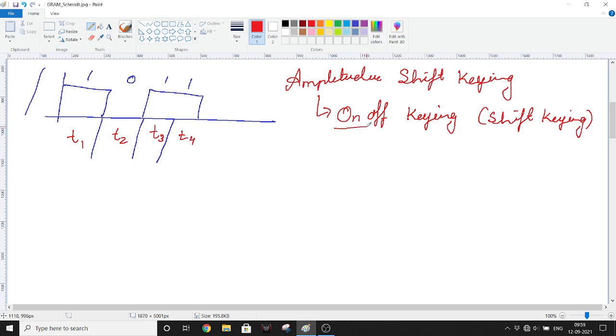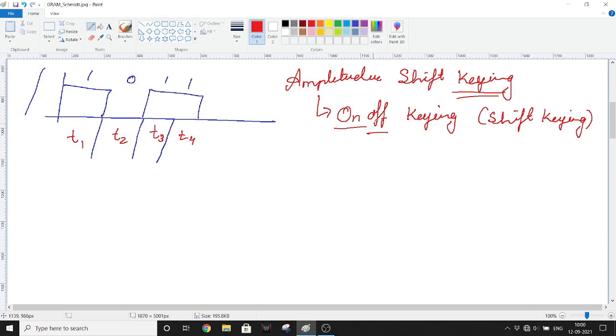As the word says, on and off, it is something like switching. The word keying comes from the method of connecting one connector to the other. In olden days for telecommunication switching, we used words like switch and keying. So those words have been incorporated into these modulation techniques.